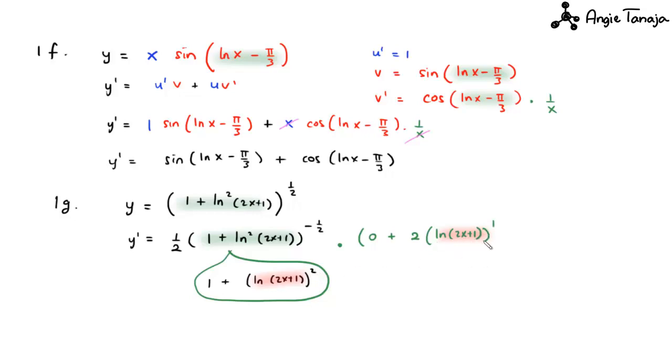Selesai, tapi masih ada something yang merah. Something yang merah ini apa? Ln ini kan? Derivatifnya ln apa? Waduh, kok ada di dalamnya lagi? Berarti ada dalamnya lagi, ya udahlah ln x. So this will be 1 over 2x plus 1 dikali 2.